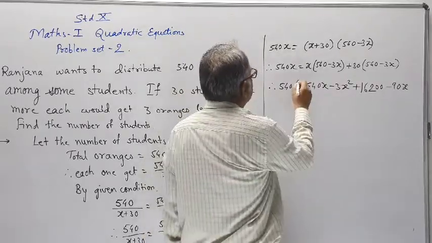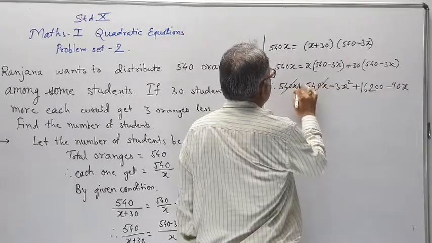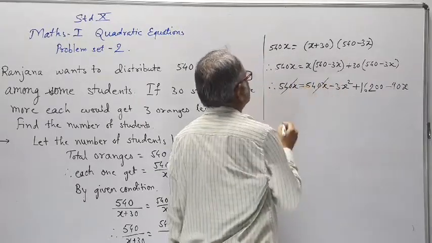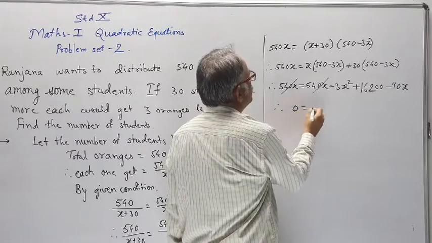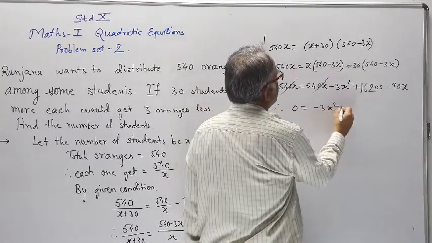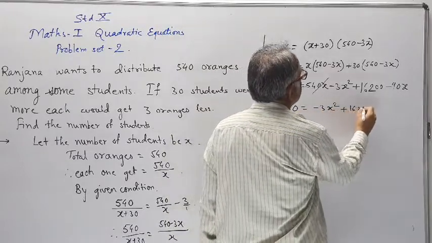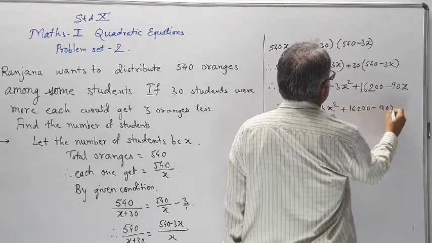Now 540x cancels from both sides of the equal sign. 0 is equal to minus 3x square plus 16200 minus 90x.